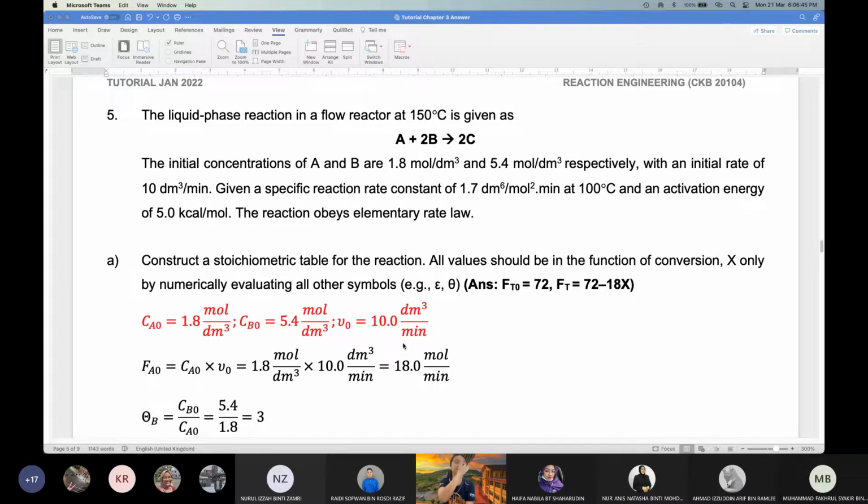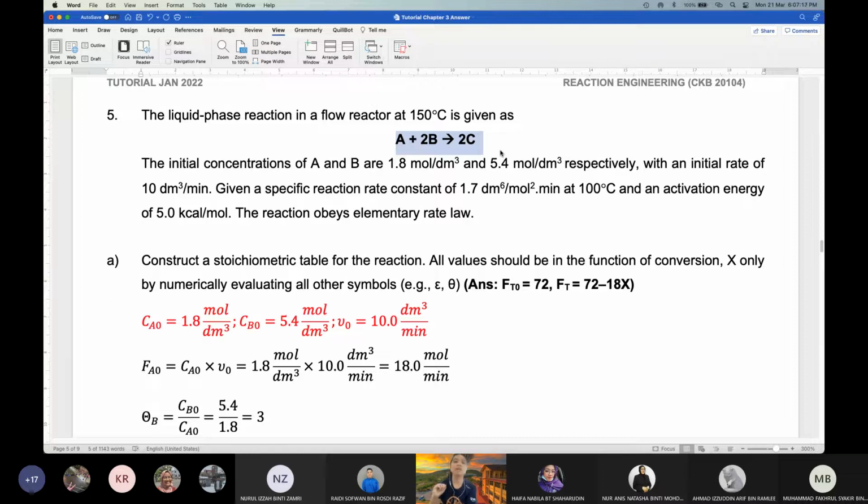The question says, the liquid phase reaction in a flow reactor at 150 Celsius is given as A reacting with 2B to produce 2C. Okay, so apa information dia beri? First, dia kata liquid phase. Kedua, this is flow reactor. So kalau kamu tengok soalan kata flow reactor, CSTR ke, PFR ke, means the stoichiometric table is in the form of molar flow rate.